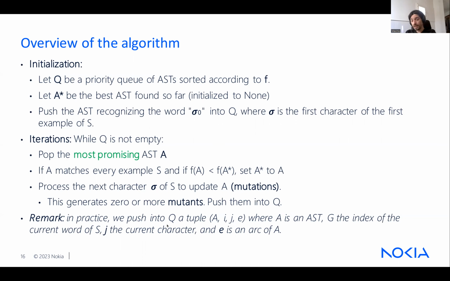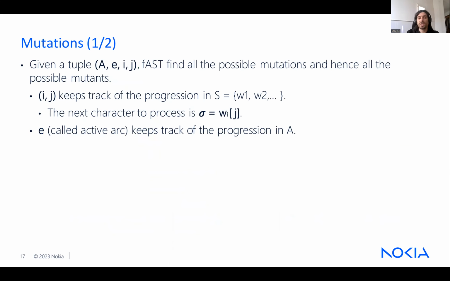So in practice, it's not only an abstract syntax tree. It's a tuple with the abstract syntax tree, the number of characters it has consumed already, and an arc that we call the active arc that represents somehow where we are in the AST, because we're moving in the AST as we consume characters.